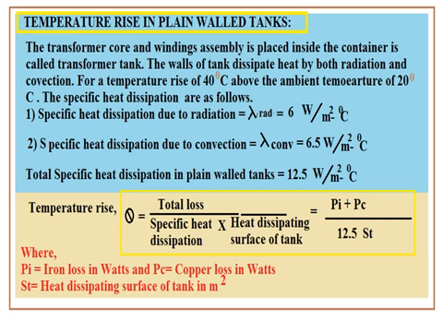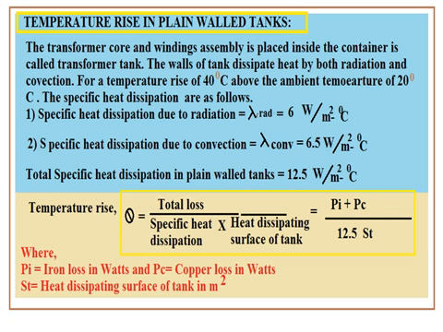One, it takes place due to the radiation process. The other takes place due to the convection process. Number one, specific heat dissipation due to the radiation gives 6 watts per meter square degree centigrade. Second, specific heat dissipation due to convection process, lambda convection, is 6.5 watts per meter square degree centigrade.